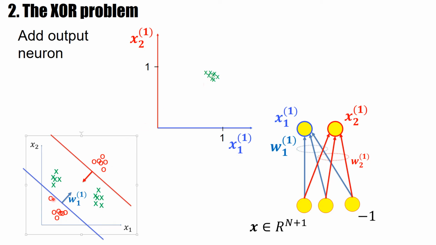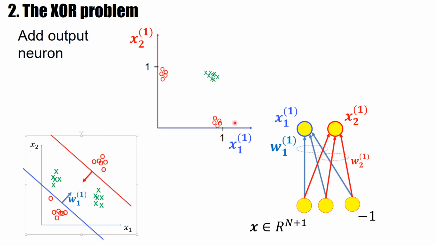Similarly, data points that are negative examples, well, they are correctly classified by the blue neuron, but not correctly classified by the red neuron. This is correctly classified by the red neuron, but not correctly classified by the blue neuron. So this group goes here, and the other group goes here.